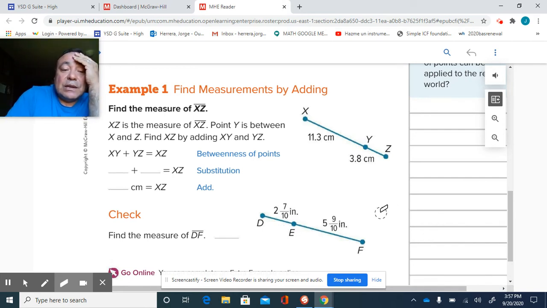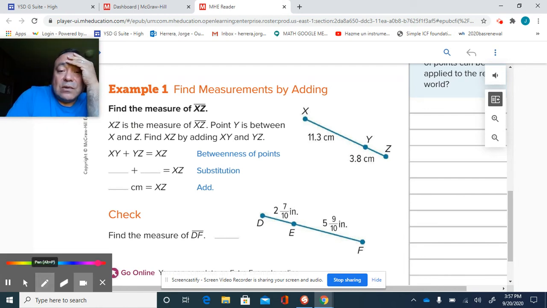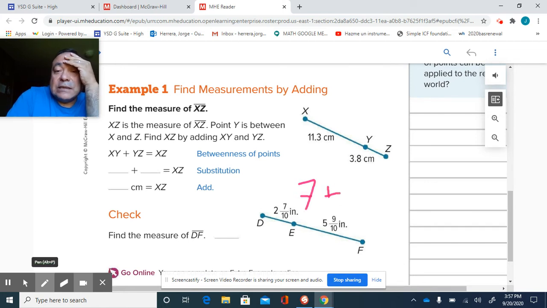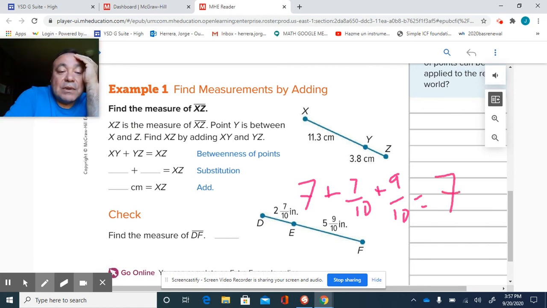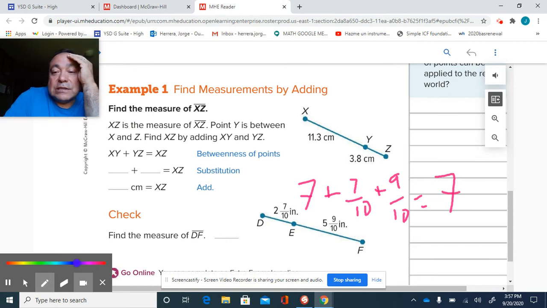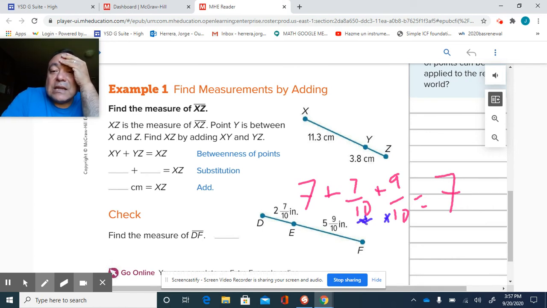For those of you who can really see this, you can add 2 and 5, which would be 7. And then you add 7/10 plus 9/10, and because they have the same common denominator, guys, which is really cool here, 9 plus 7 will be 16.